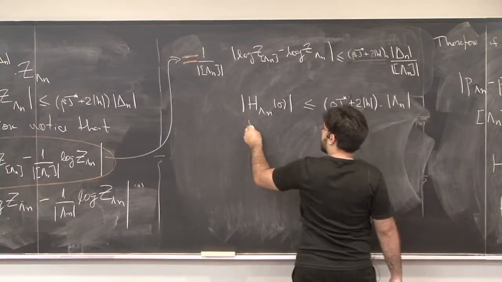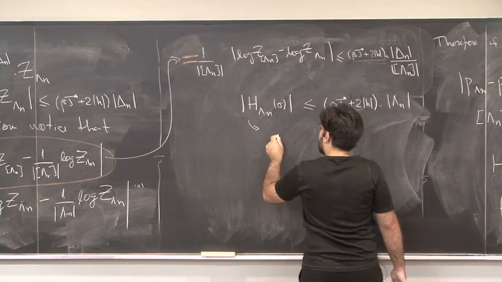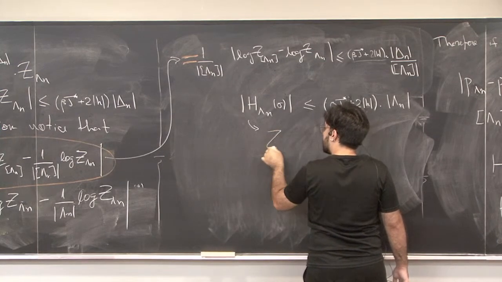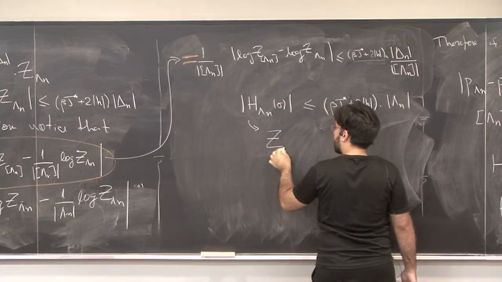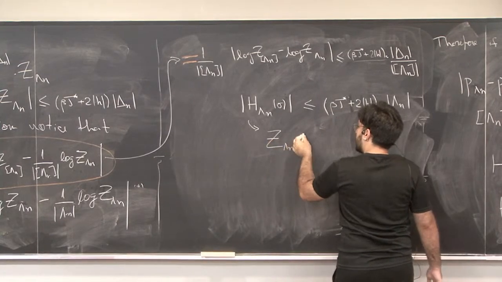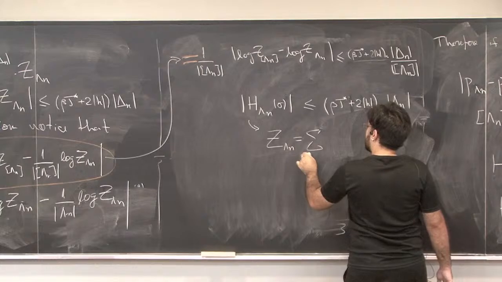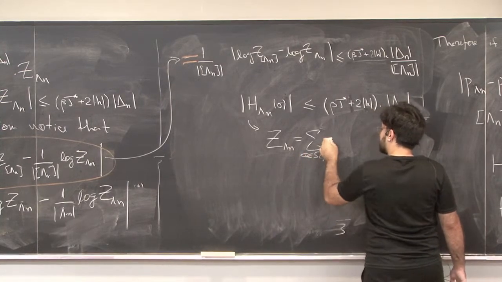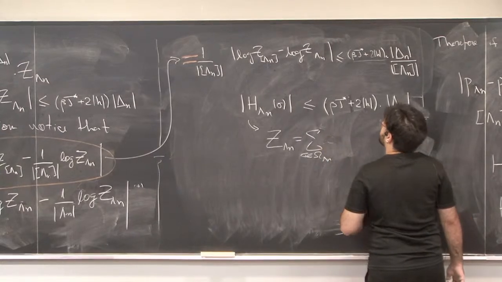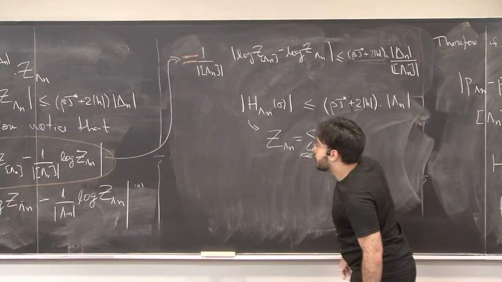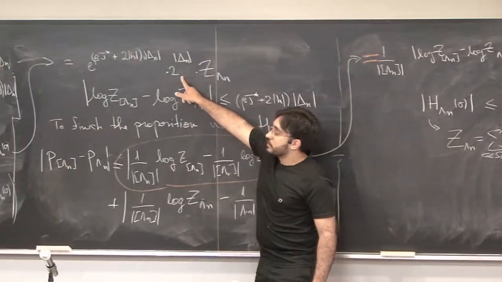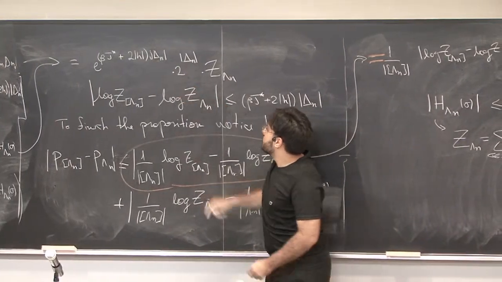This implies that the partition function z lambda n, that is the sum over all configurations, actually I forgot a constant somewhere, because there is a 2 over here.